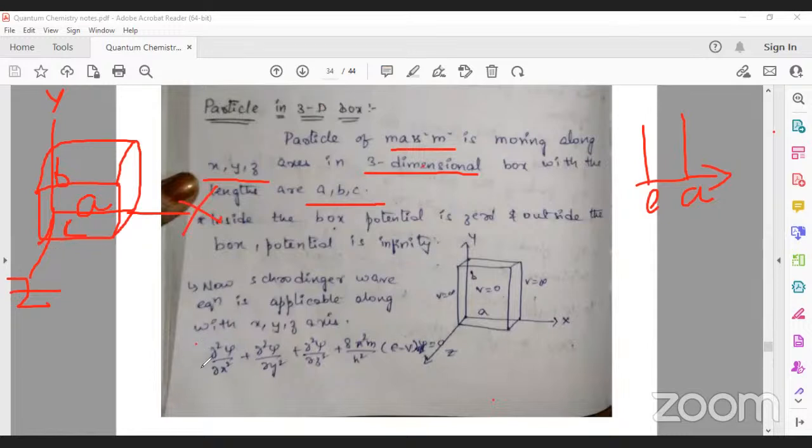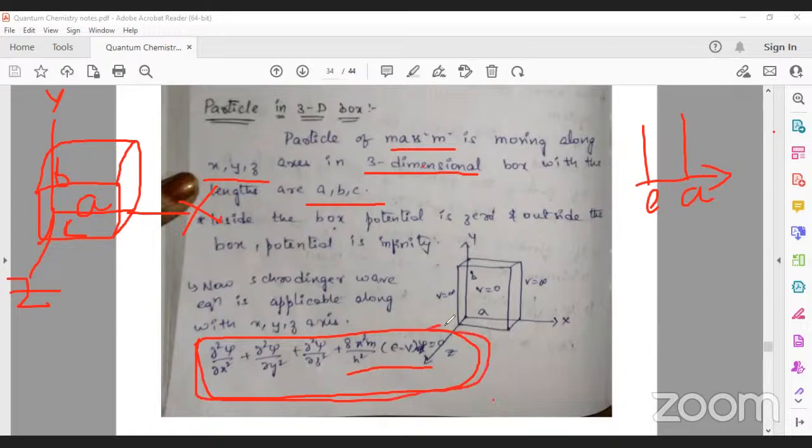Therefore, the Schrodinger wave equation can be written in terms of three axes: del square psi by del x square plus del square psi by del y square plus del square psi by del z square plus 8 pi square m by h square into (E minus V) into psi is equal to 0. This equation can be applied for all three dimensions.